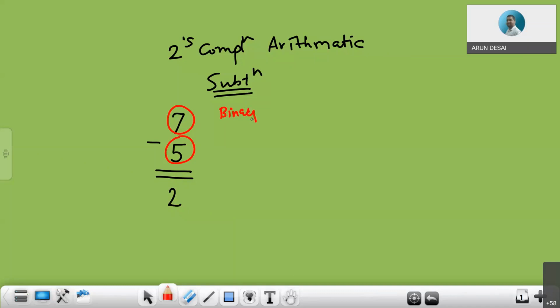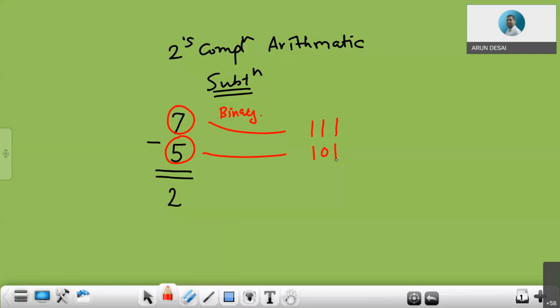For 7 it's 111, and for 5, what is the binary equivalent? 101, right? So yes, 101.